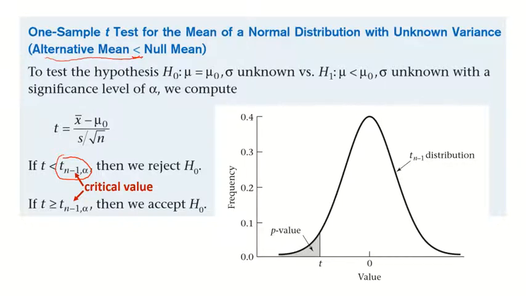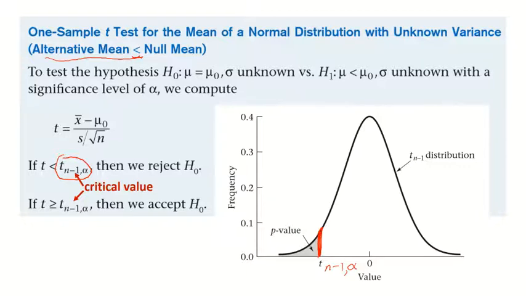Meaning to say our shaded region is somewhere here, and this borderline here is our t sub n minus 1 at the alpha percentile.